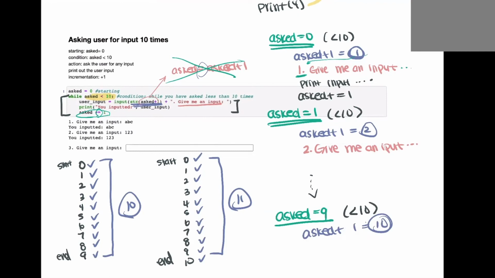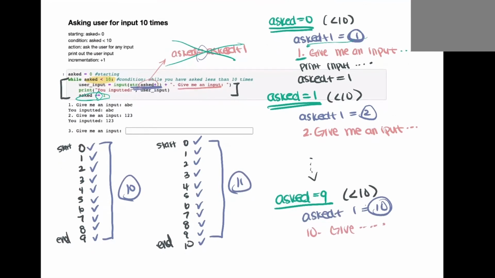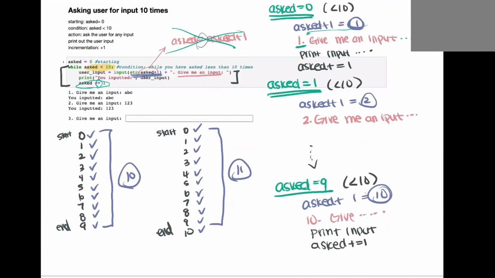So it'll print out 10, give me an input, and then it'll print out the input. Then it'll increment asked. After it increments asked, asked is equal to 10, which is not less than 10. So you're done. So you'll run this 10 times, and that's the perfect number of times we wanted it to run.